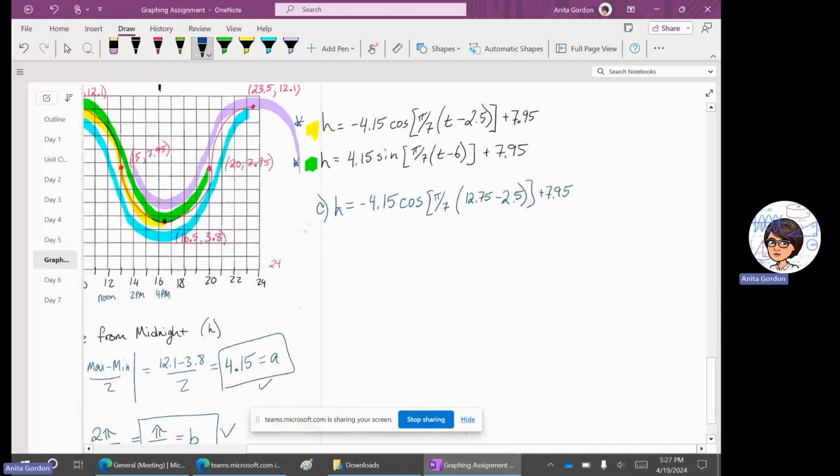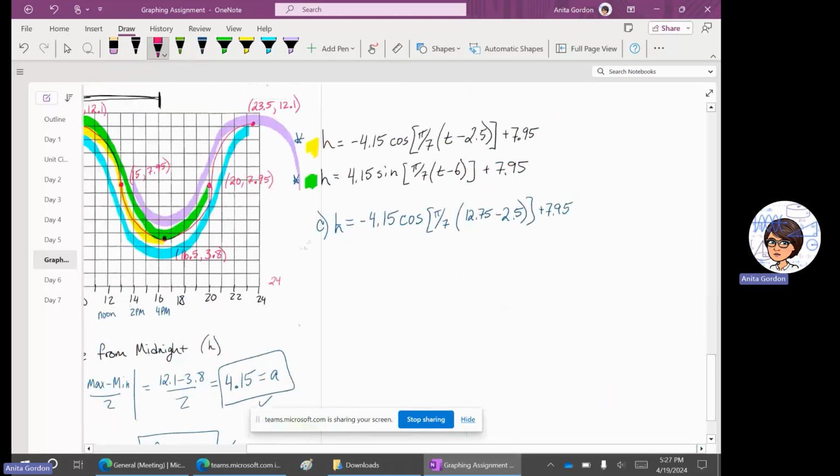If you are using a scientific calculator, you need to specify after you write 4.15 that there's a multiply sign here, and after you write the pi by 7, that there's a multiply sign here. And you need to make sure that you open 2 brackets and then close 2 brackets. You also need to make sure that your calculator is in radians. Otherwise, you're going to get messed up answers here.